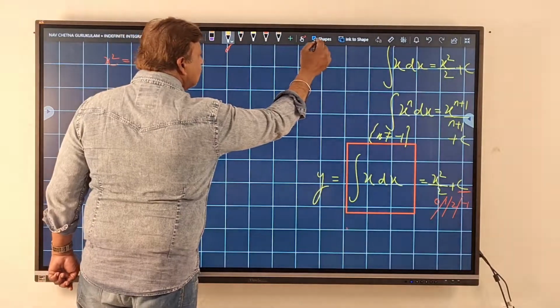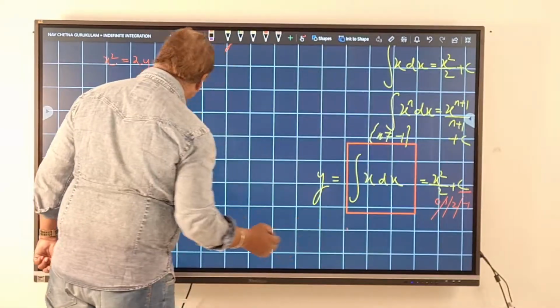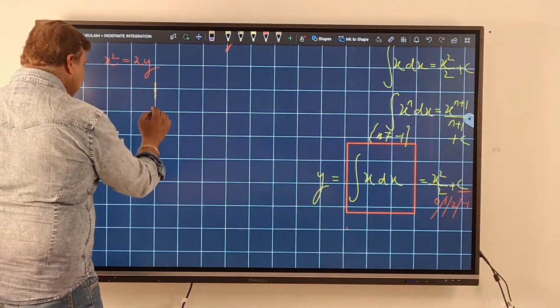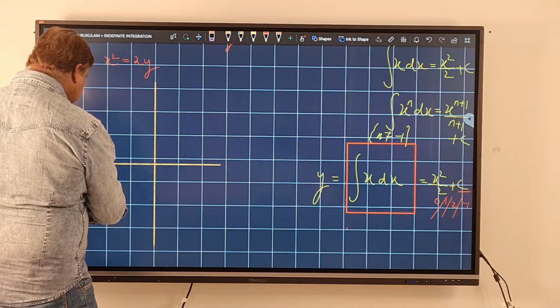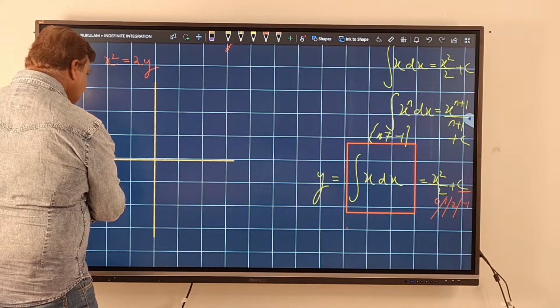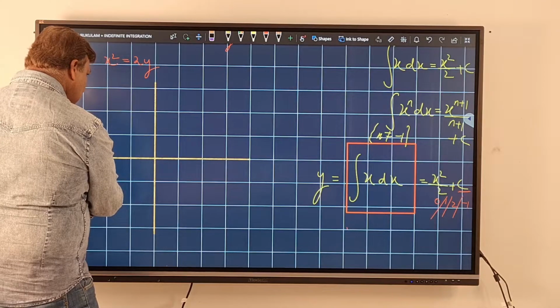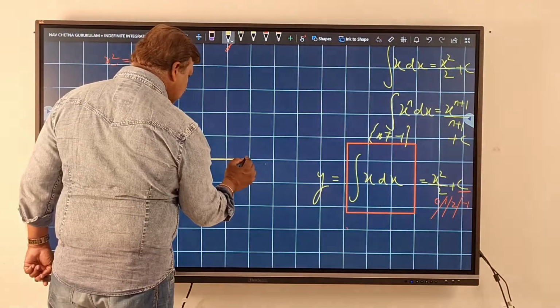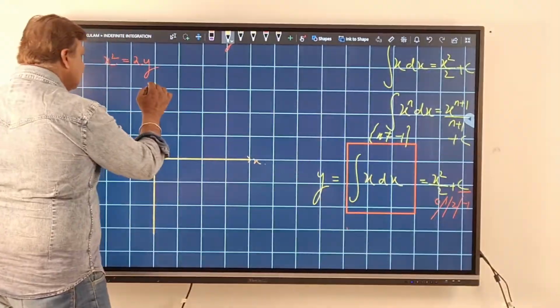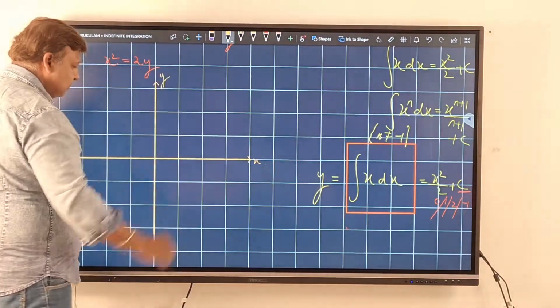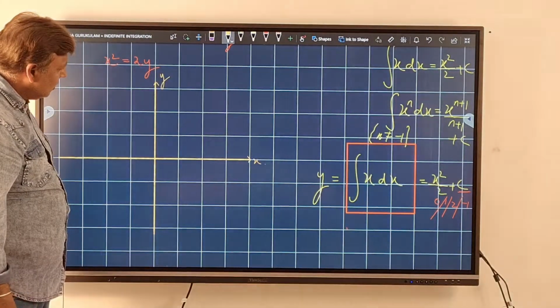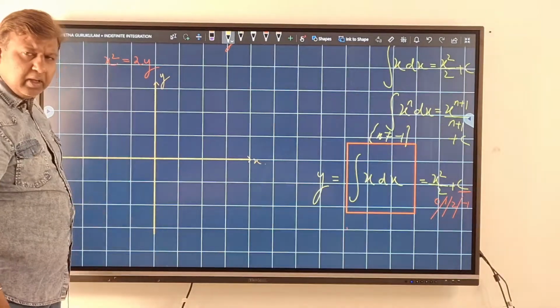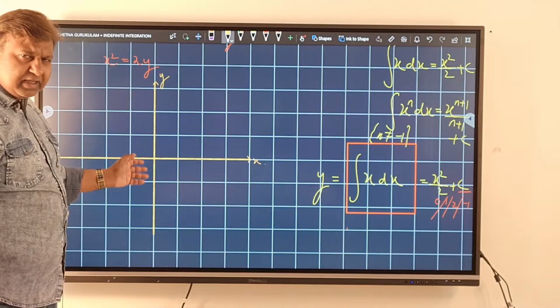So I'll just draw this parabola, draw this function. So this is the x-axis, this is the y-axis. Okay, I think this is quite clear. This xy axis is clear?